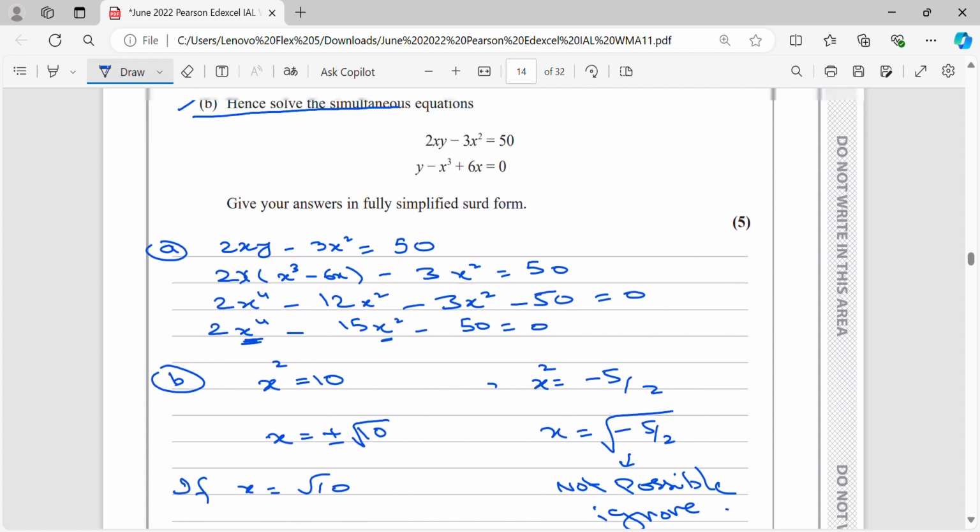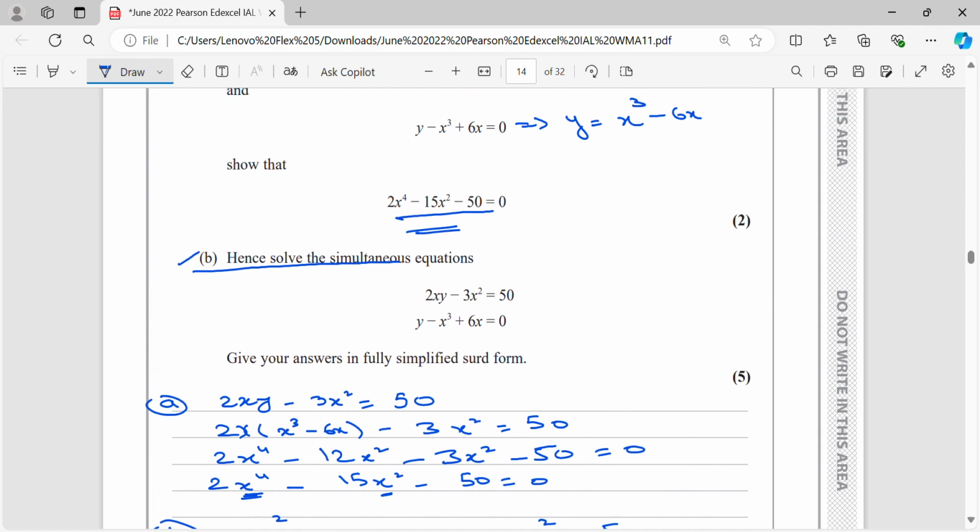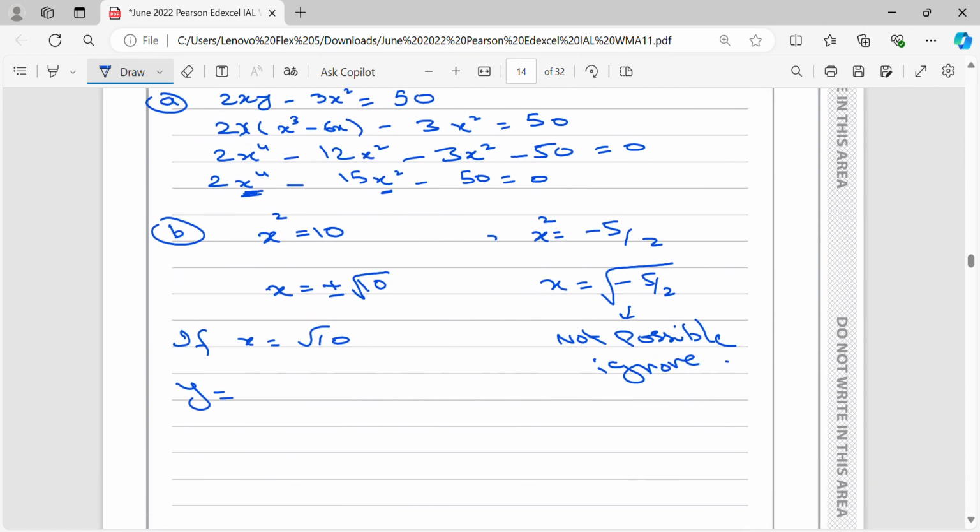We got y equals x cubed minus 6x. Let's substitute here. If x is root 10, then substitute its value, which is 10 raised to power 3 over 2 minus 6, and this is root 10, which is 10 raised to power 1 over 2.